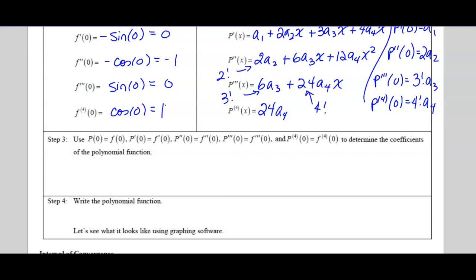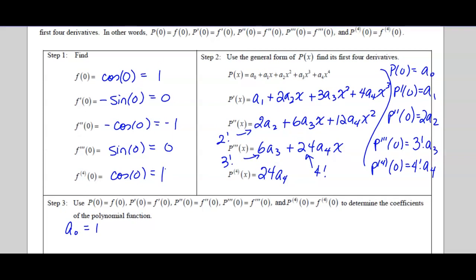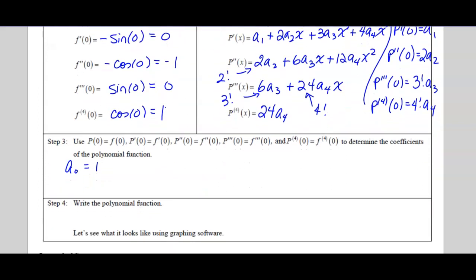So we know that the value here is equal to this at 0. So a1 equals 0, then 2a2 equals negative 1, so a2 equals negative 1 half, or negative 1 over 2 factorial.